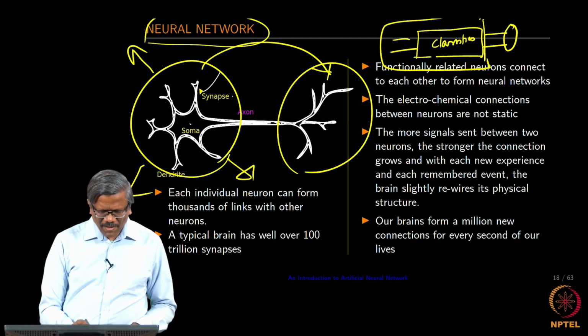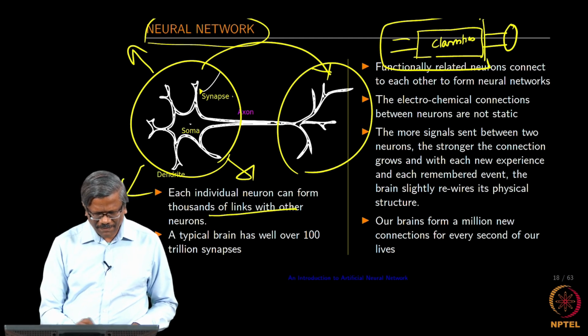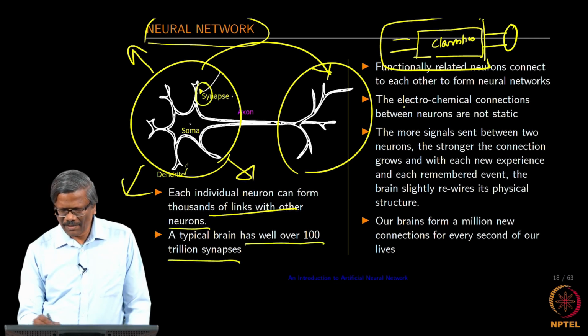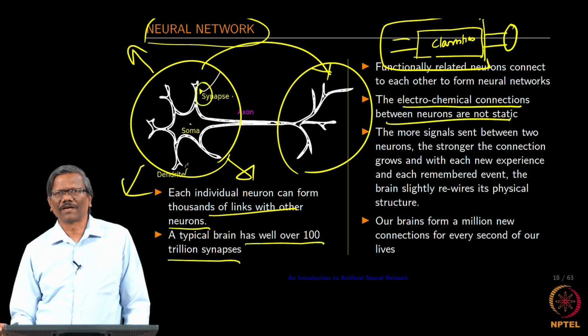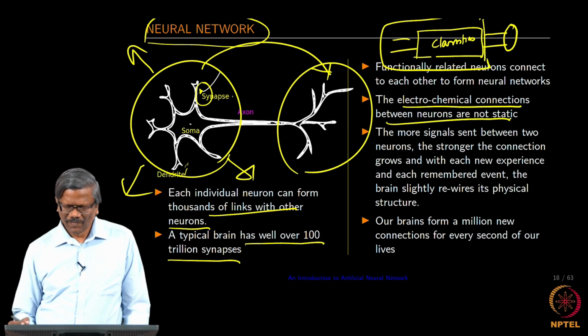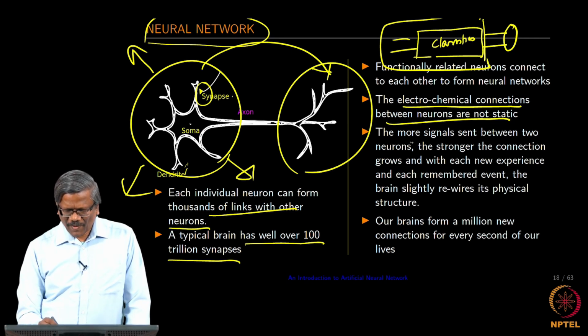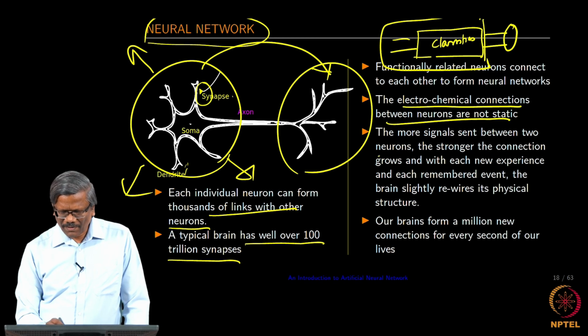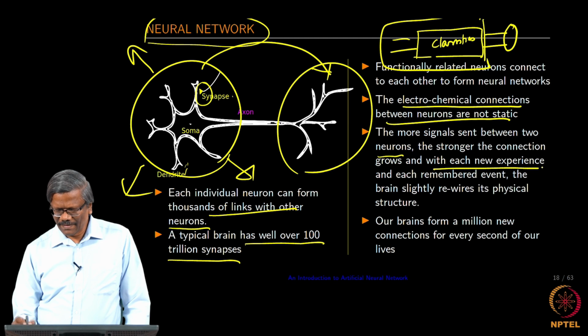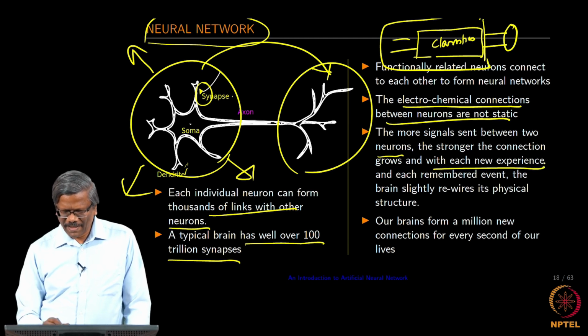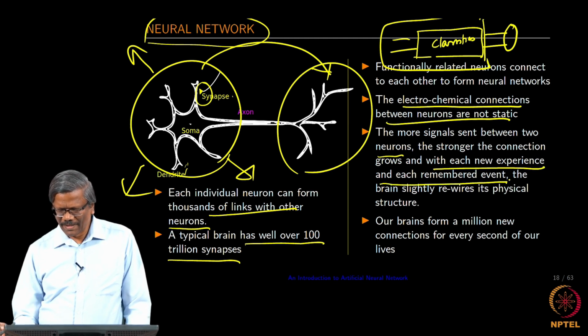Each neuron can form thousands of links. The electrochemical connections between neurons are not static, they keep changing. The more signals sent between two neurons, the stronger the connection grows. With each new experience and each remembered event, the brain slightly rewires its physical structure.